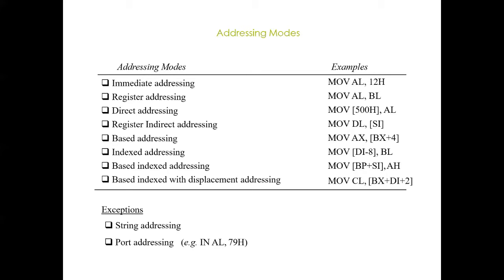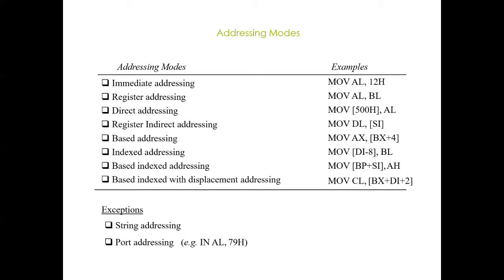Next is based indexed with displacement addressing mode. In this mode of addressing, the operand's offset is given by offset equal to BX or BP plus SI or DI plus 8-bit or 16-bit displacement. So this is again an example of based index with displacement addressing.